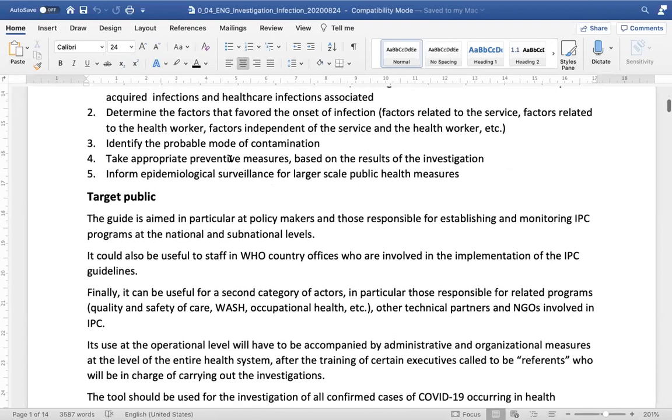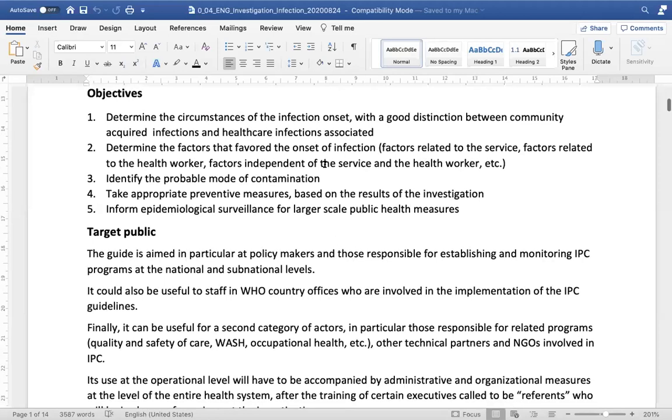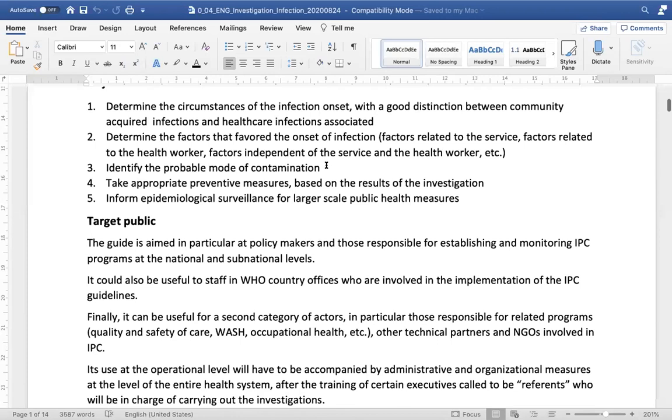So the objectives as outlined here are to determine the circumstances for the onset of the infection, determine the factors that facilitated the infection, identify the probable mode of contamination, which is similar to tool 2, and also take appropriate measures based on the investigation that will be done.